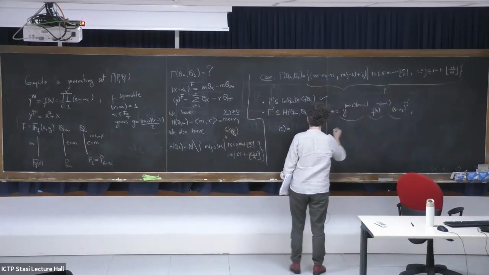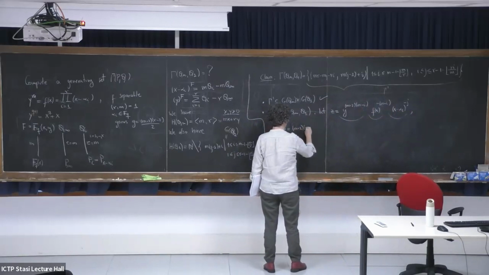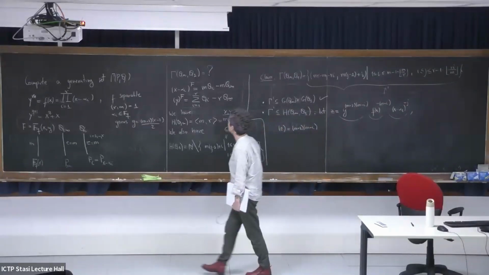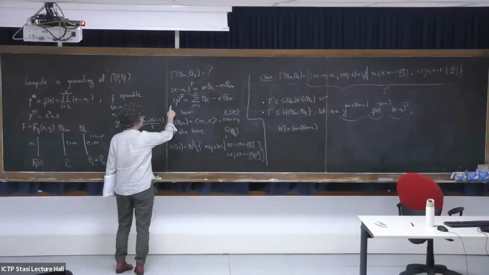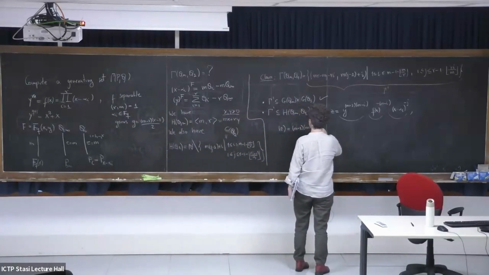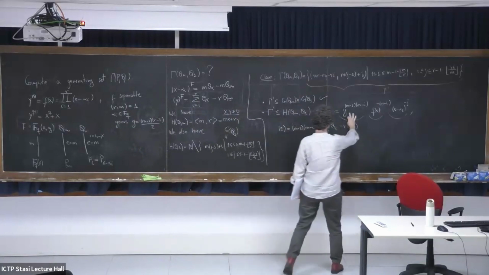This divisor is just m plus 1, m minus i, times the divisor of y. And we know the divisor of y: it's the sum from 1 to r of qi minus r q infinity.